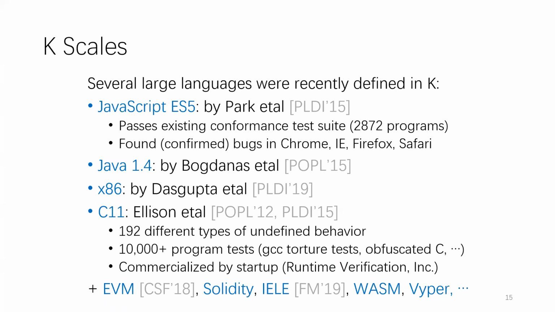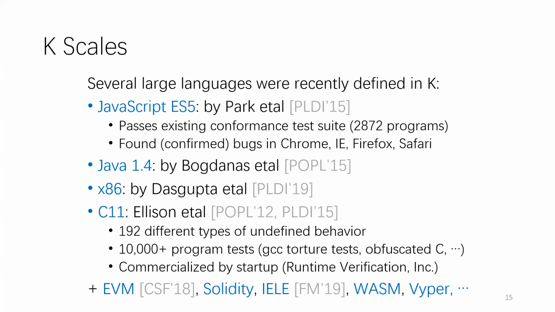The x86 semantics defines the semantics of more than 3,000 x86 instructions and variants, and it is the only complete x86 semantics to date. The C semantics is by far the most complex K semantics. It is the complete semantics of C, and it covers all the language features, including all the undefined behaviors.